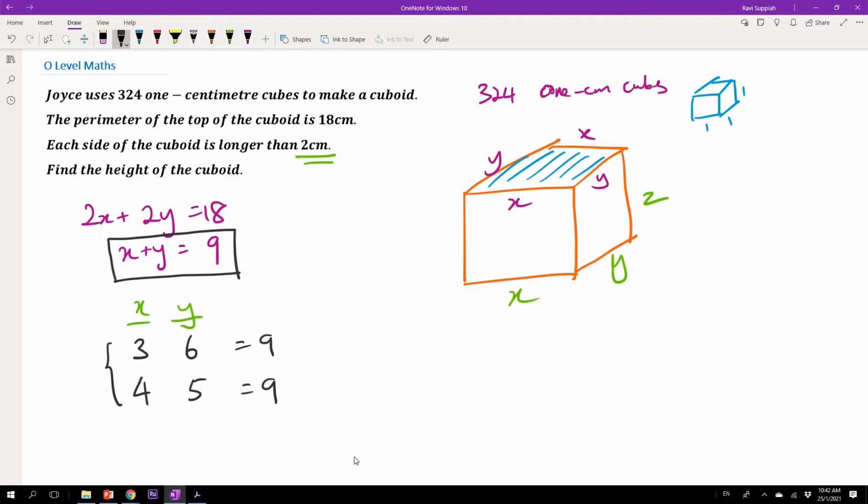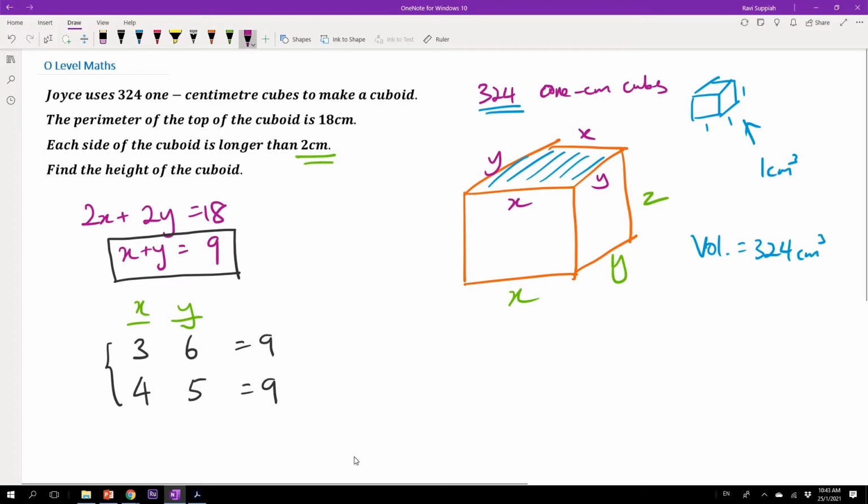Now what is the other information that we have? We are using 324 1 centimeter cubes, and the volume of each 1 centimeter cube is 1 cm cube. And the volume of this entire cuboid, since it's made out of 324 such cubes, is going to be 324 cm cube.